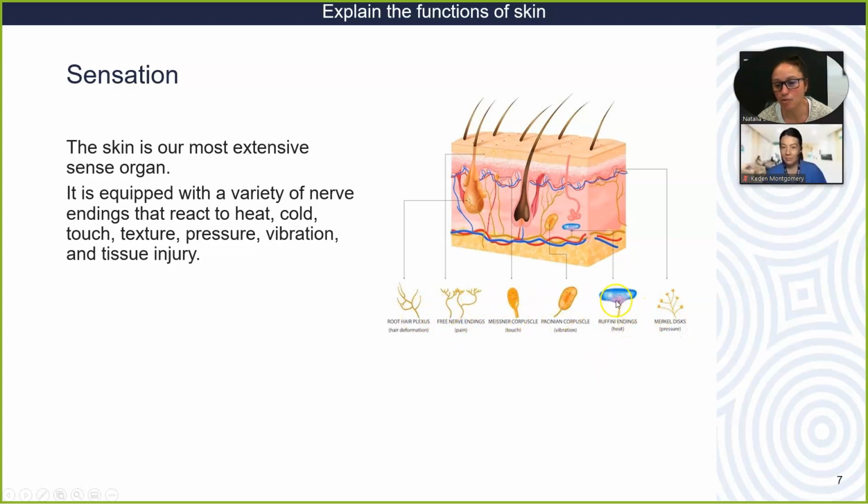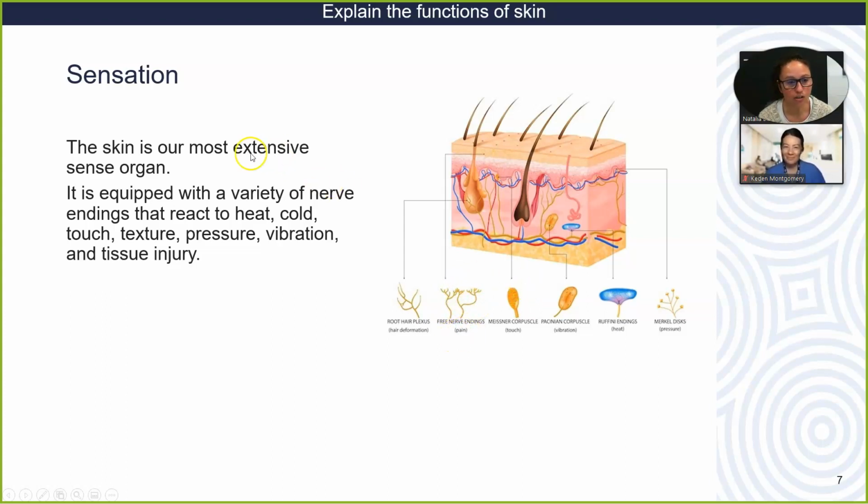For example, this cell will send a signal when there are changes in temperature. This one will go off if vibration is detected. This one we did see in 165, and this little cell here will start sending signals when you are exposed to something noxious, which is something not nice, which is the definition of pain.